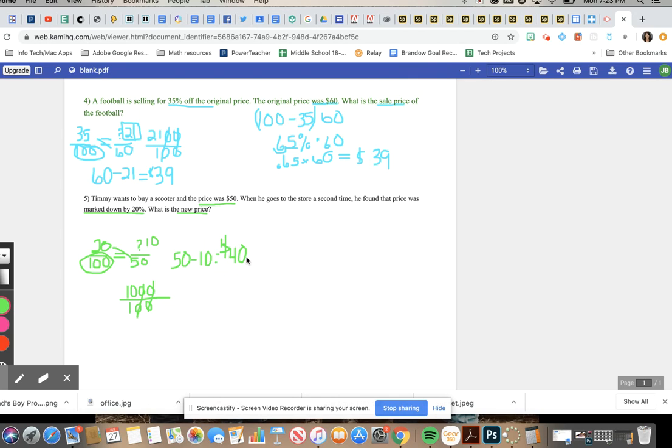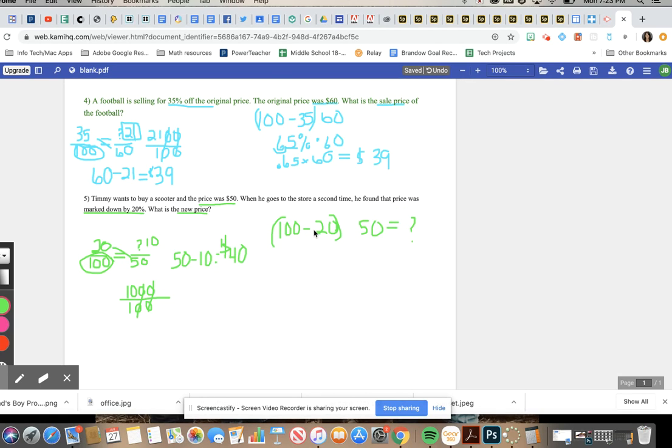Okay, so there was our proportion. Here we have the other side we're going to have to do. It started at 100%. We minused to 20%. And then we'll times that by what the original price was, which was 50, to find that sale price.